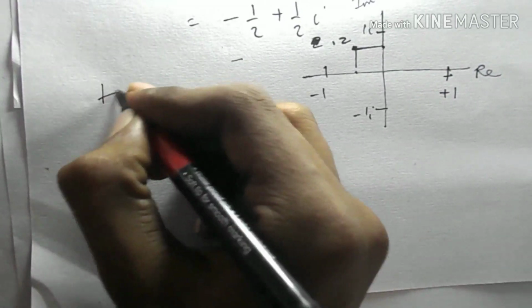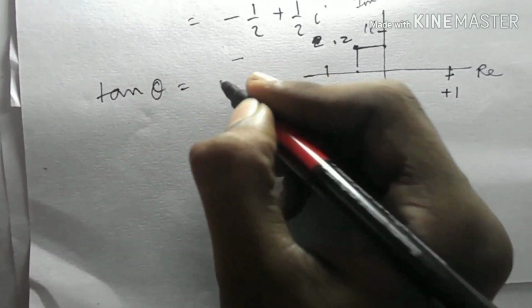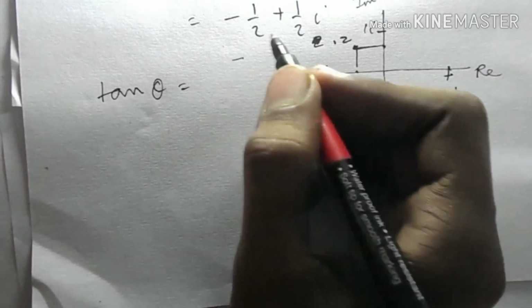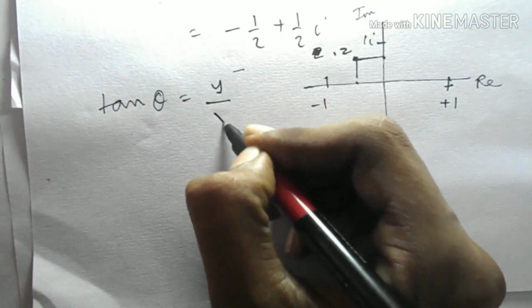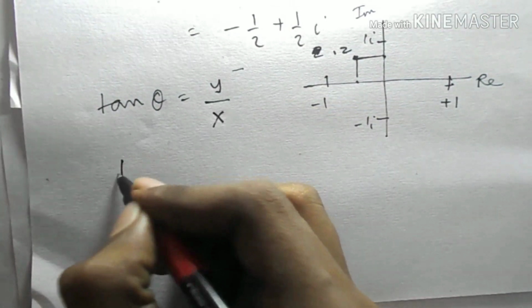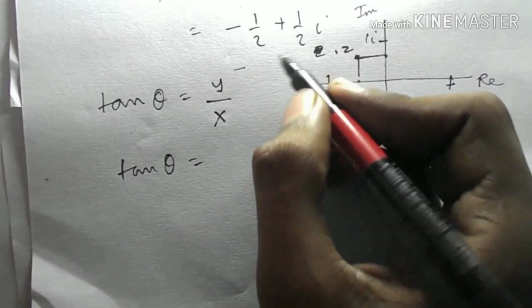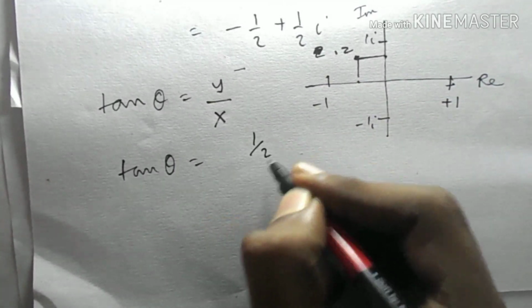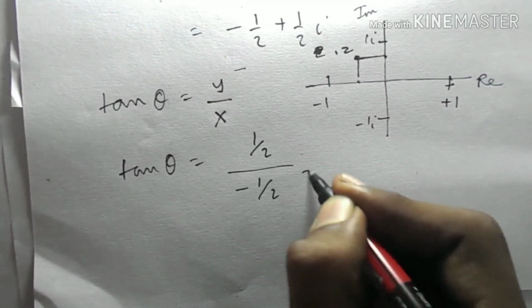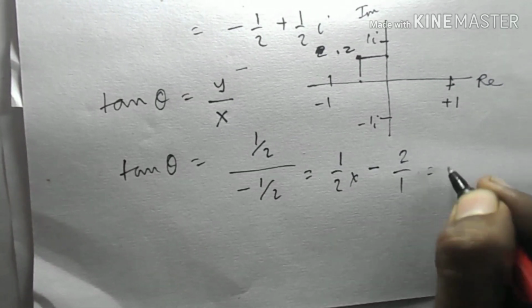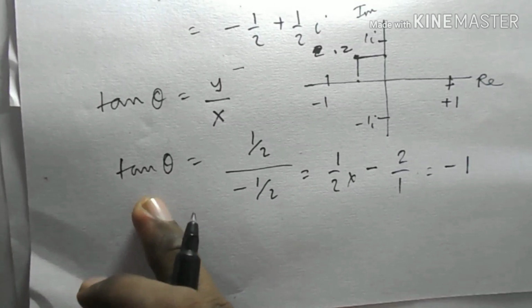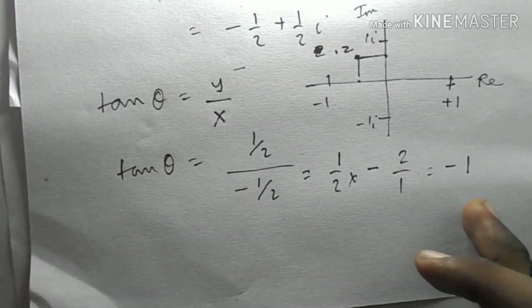So if Z lies in the second quadrant, we get the tangent of theta equal to the y component divided by the x component. The tangent of theta becomes: the y component is half divided by negative half, that is half times negative 2 by 1, this is negative 1, so tan theta is equal to negative 1, right?